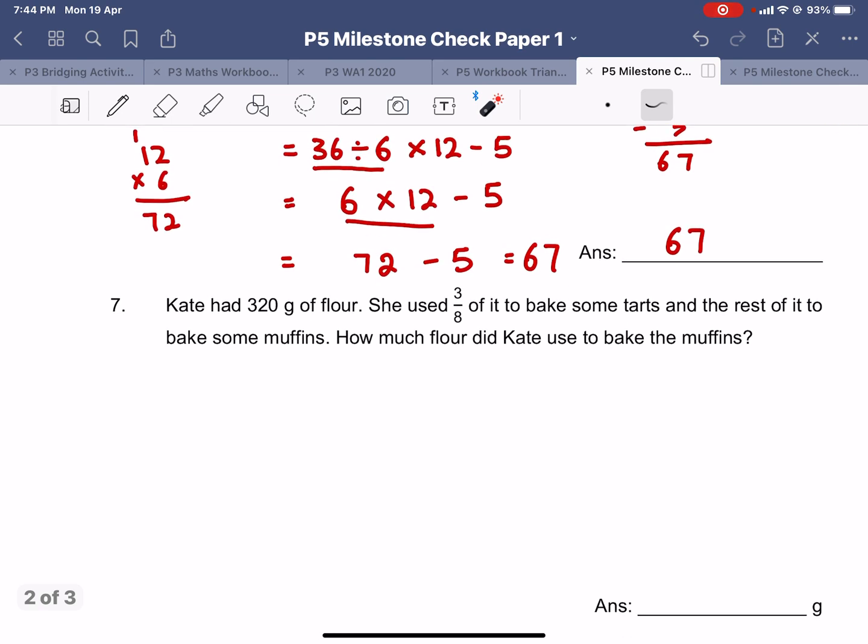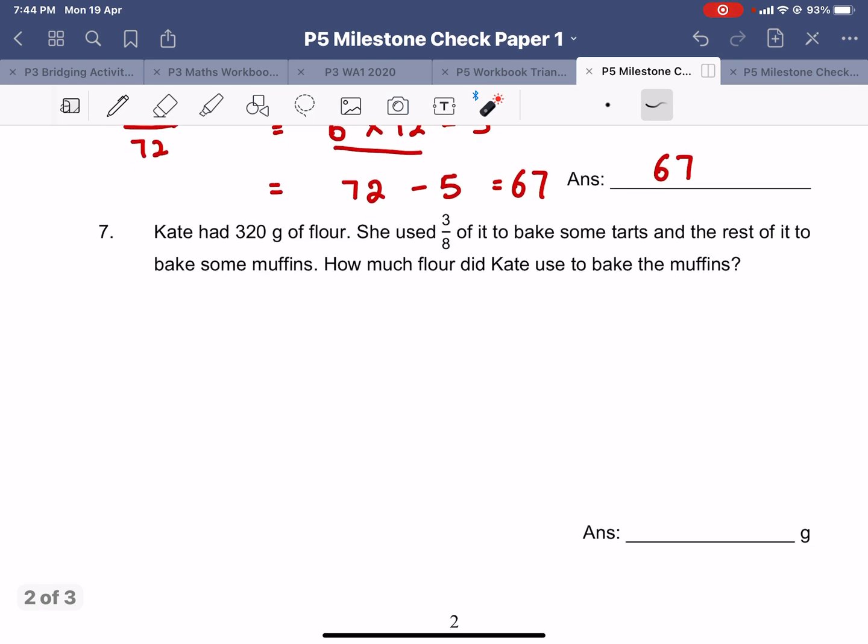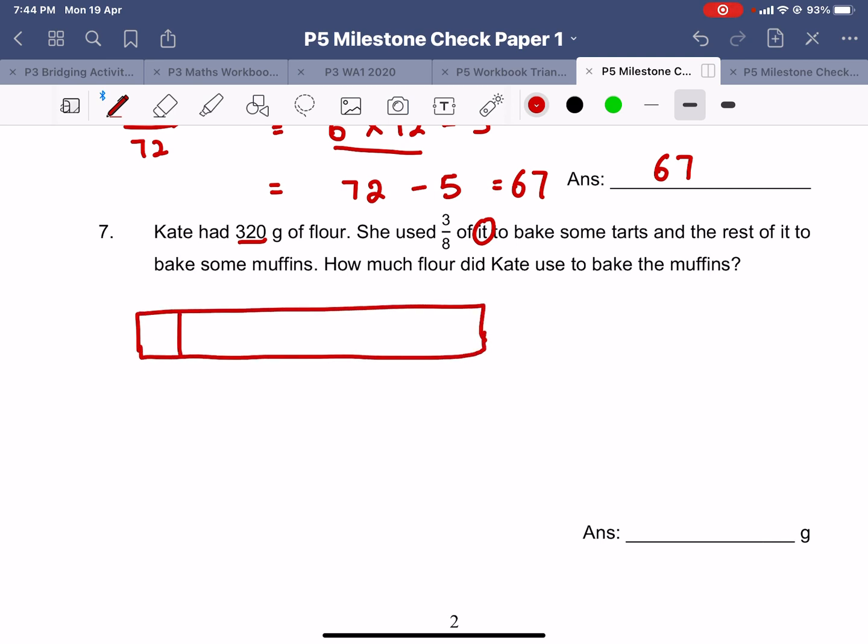Now question number 7 is a simple unitary method. So what is happening is this. You had this 320 grams of flour. You use 3/8 of it. Okay, this 8 refers to this amount. So 3/8 of it means the total unit is 8 units. 1, 2, 3, 4, 5, 6, 7, 8.